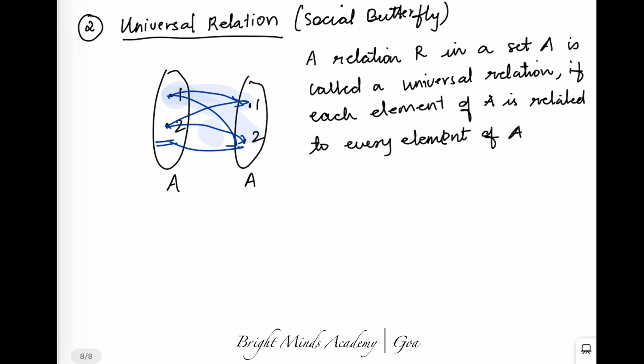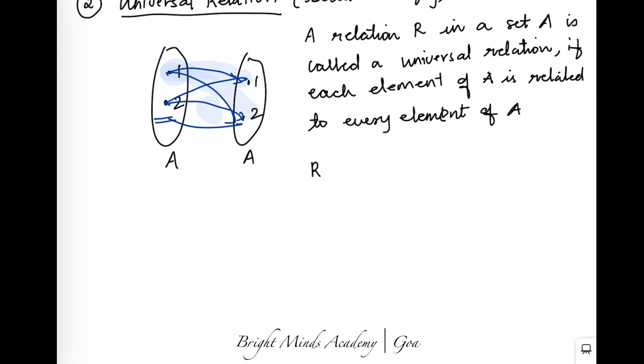In this case, if you write the particular elements of your relation R, it is 1 related to 1, 1 related to 2, 2 related to 1, and 2 related to 2.